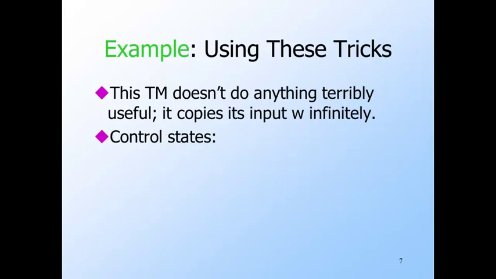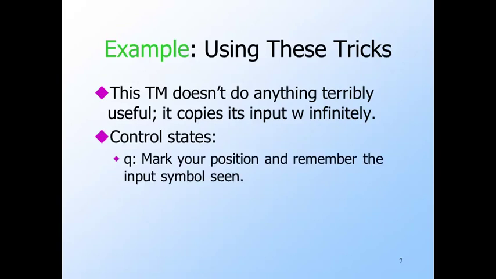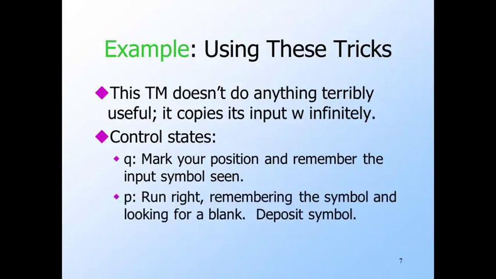Here are the values that will appear in the control component of the state, along with the intuition about what they're supposed to be doing. In control state Q, we mark the current position, store the current input symbol in the cache component of the state, and move right. From Q, we also enter the control state P. In state P, we run to the right looking for a blank.